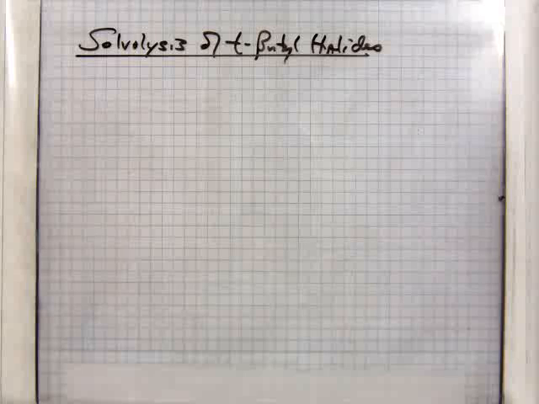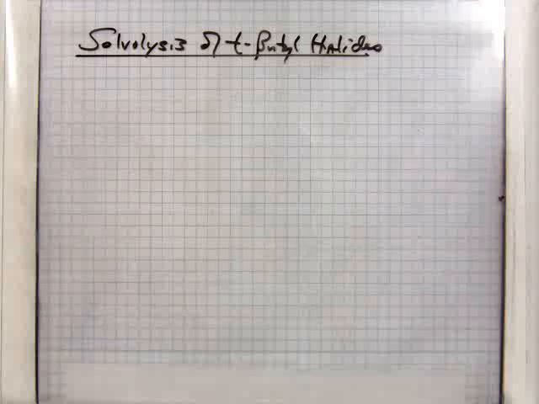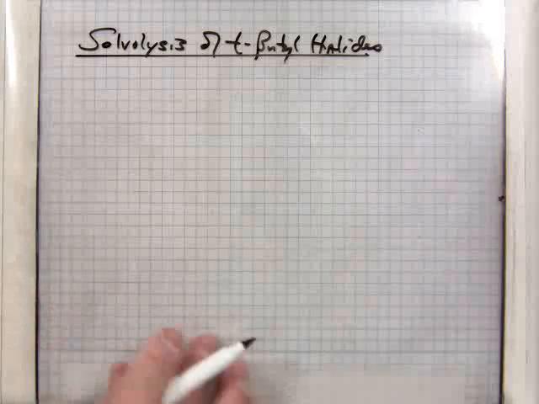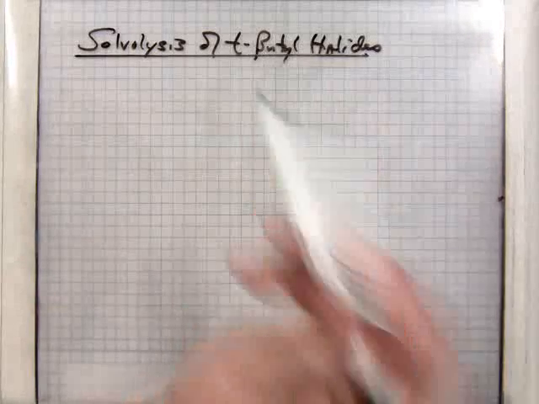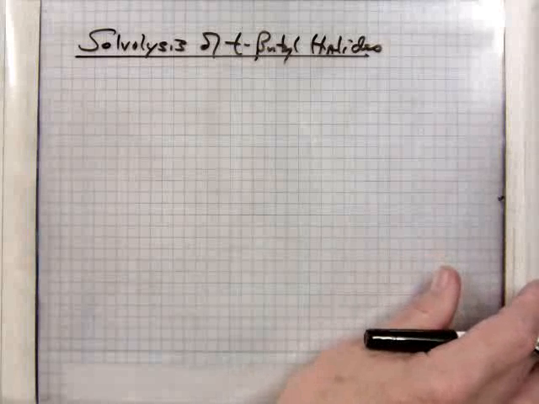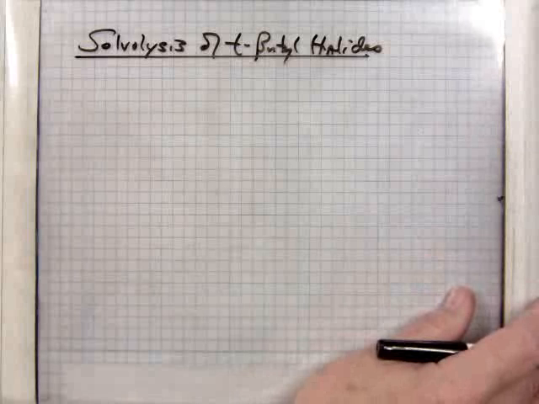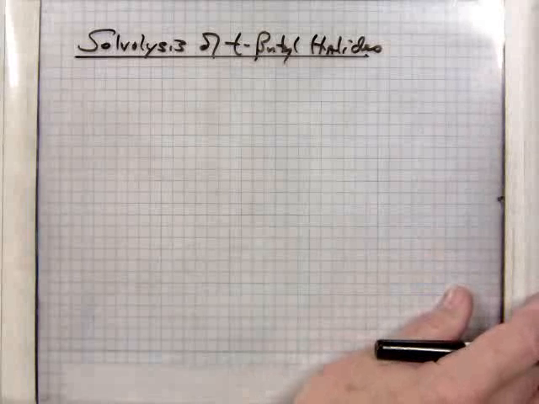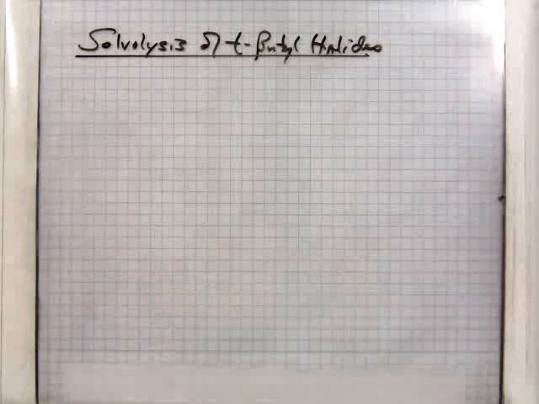Now, what we're talking about is finding a way to measure a change in concentration of a reaction. I'm just using this as an example in the demo, and you will see this again in the lab. Well, this compound called T-butyl halides, and you recall group 7 on the periodic chart, fluoride, chloride, bromide, iodide are your halogens, and so this is an organic compound with one of those halogens on it.